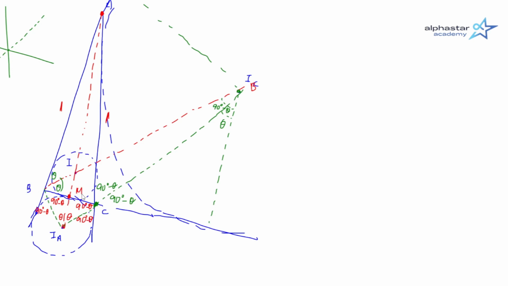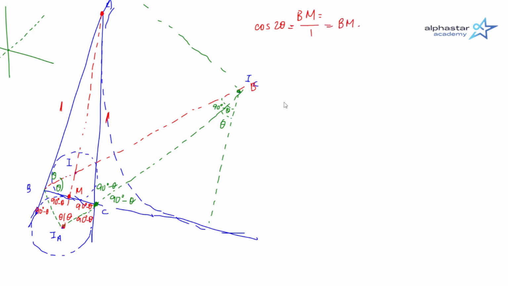For example, M being, by symmetry, the tangency points of the incircle and the A-excircle, which is also the midpoint of BC. We can see that cosine of angle B, which is 2 theta, right? Angle ABC is theta plus theta, is equal to BM over 1, which just equals BM.